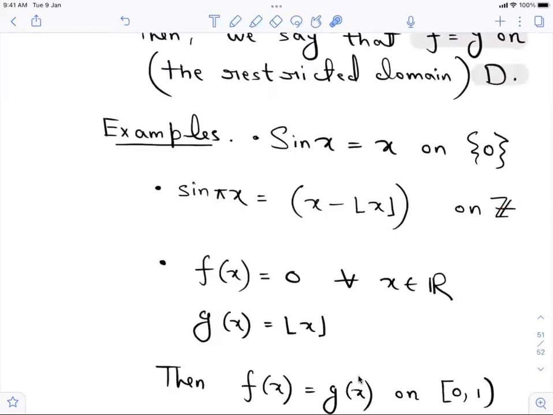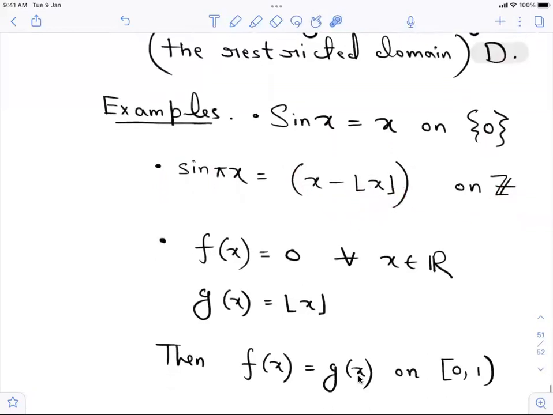Similarly, if x is an integer, then its fractional part is 0. So as functions, the fractional part of x and the sine of pi x are identical on Z. So whenever I have to study the sine function on Z, I might as well study the function x minus floor x instead.